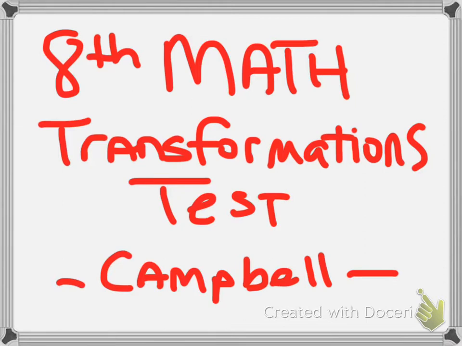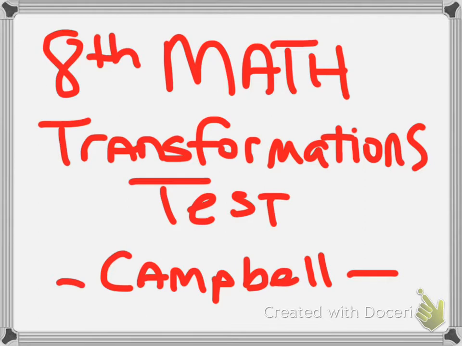Number 17. This is your last one. There is a typo on this one, so you can write this correction in and then look at it. Your correction is going to be rectangle ABCD has vertices of A is (-2, 5). That's correct.